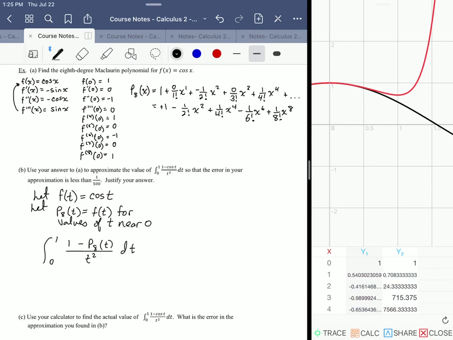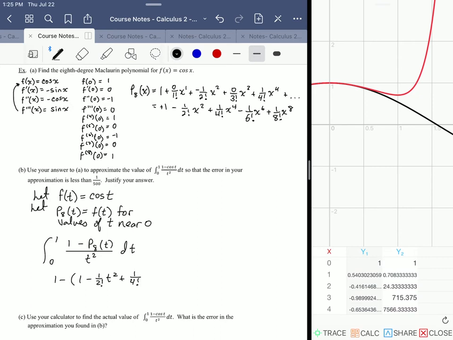All right, so then I'll pop in the terms of p sub 8 of t. So I'm going to have 1 minus, 1 minus 1/2, almost wrote an x, t squared, plus 1 over 4 factorial.